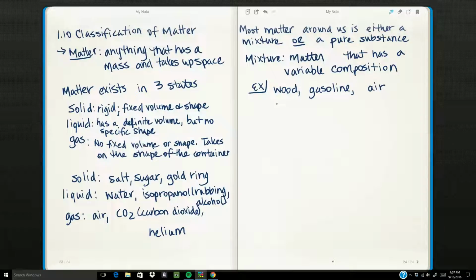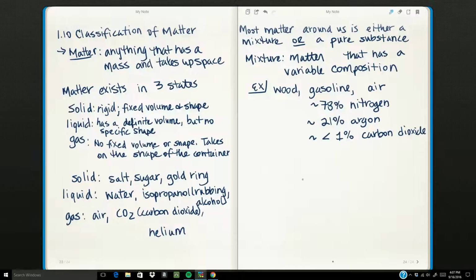So air is a mixture because it consists of approximately 78% nitrogen, approximately 21% argon, and a small amount, so less than 1% carbon dioxide.